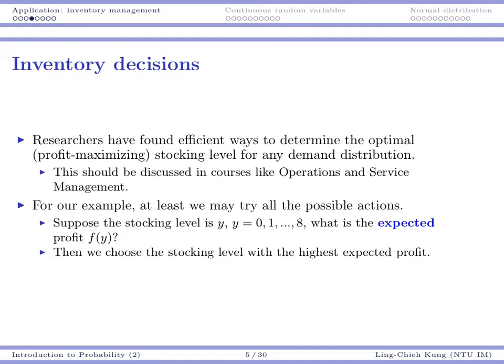Why don't we simply try each of them? If for each possible stocking level y, I calculate the expected profit f of y with that stocking level, then I will be able to find the best stocking level. That's going to be the one with the highest expected profit. So let's do this.